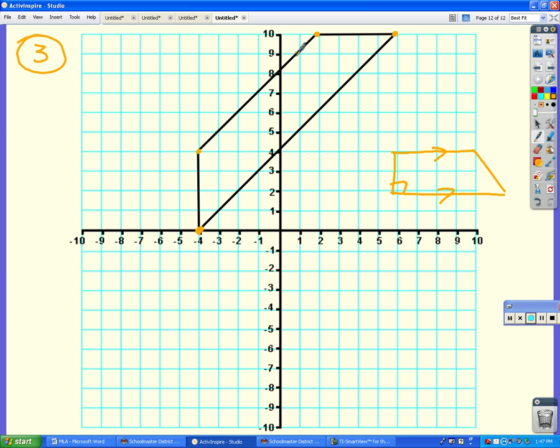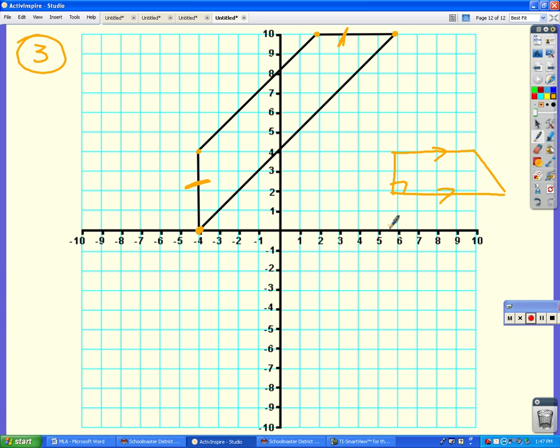Okay, anybody got it? What's true about this side right here and this side right here? They're equal. Okay, so this side is congruent to this side. So what kind of trapezoid do I have?